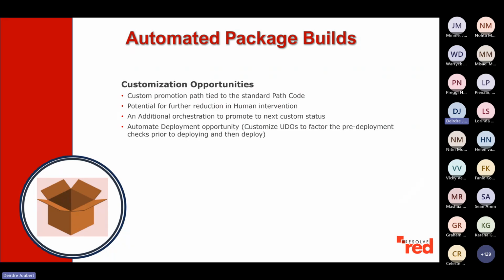A developer completes development and promotes to status 23. You could schedule the build that will pick up anything that's in status 23, package build it, and further customize the deployment process, which will do your pre-checks. And once the deployment has been completed, you could then promote that same project from status 23 to the next status of 26.